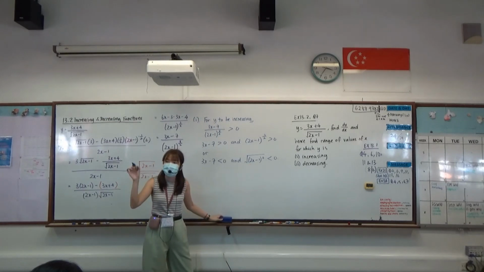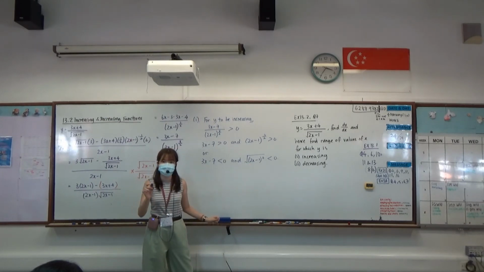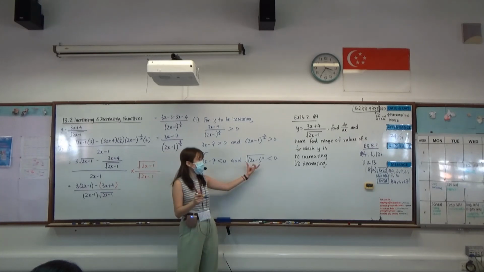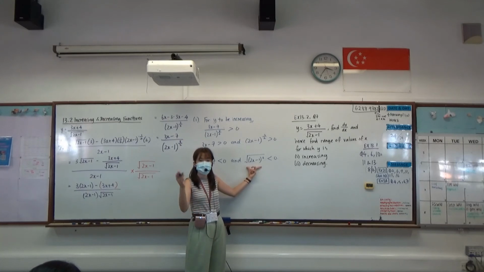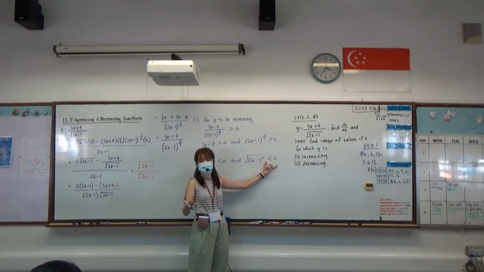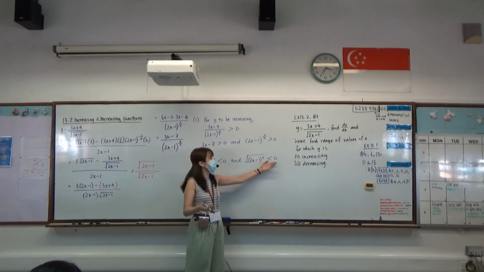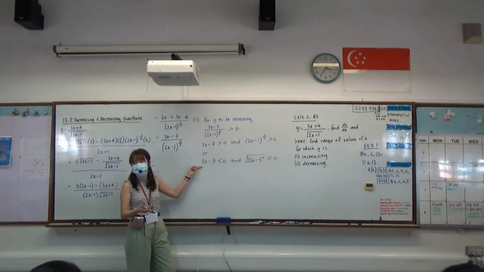But in order to square root a number, the number itself must be positive. Agree? So if the inside must be positive, the square root of it must be a positive number, right? Because the square root of any positive number must be positive. So this whole thing, can it ever be negative? Can never be. So that's why this case we no need to consider.